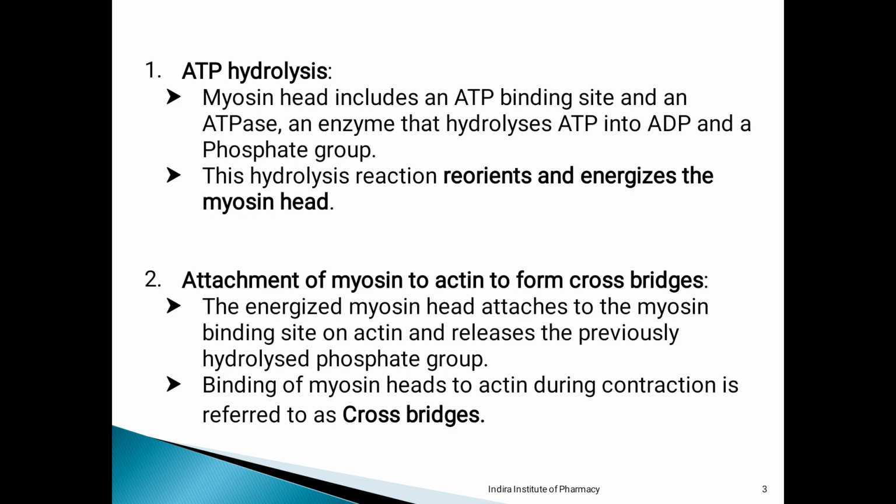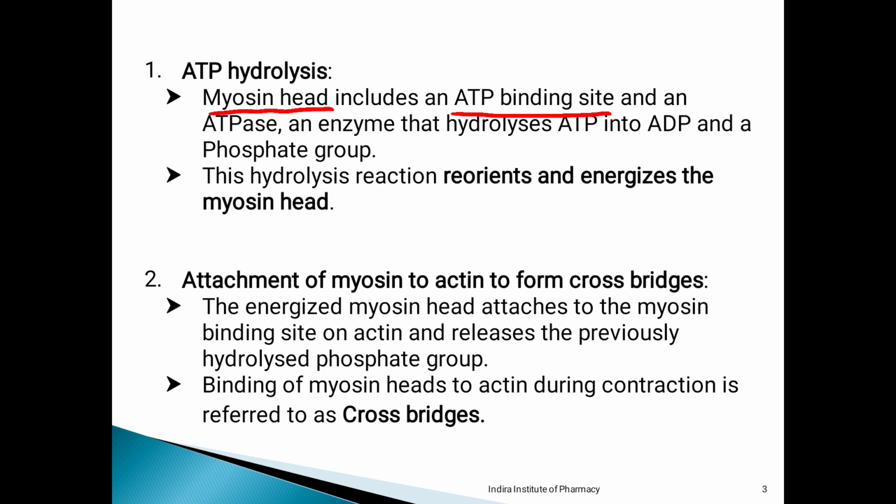So the first step is ATP hydrolysis. The myosin head includes two things: an ATP binding site, and one more site which attaches to actin, that is the actin binding site.